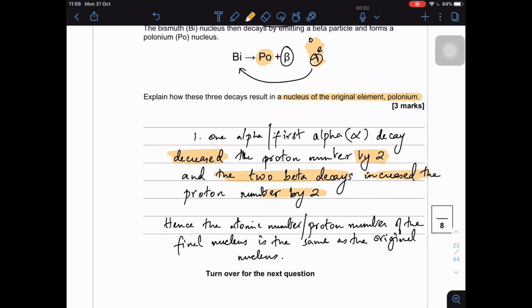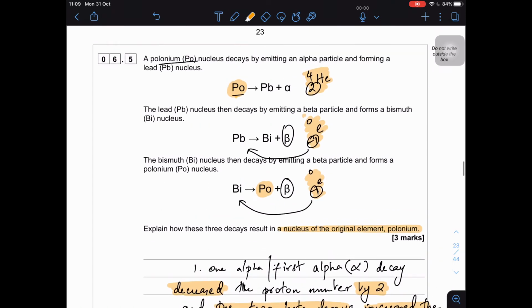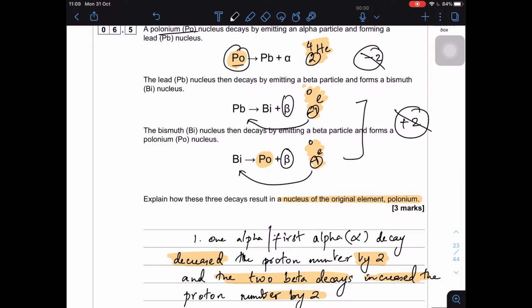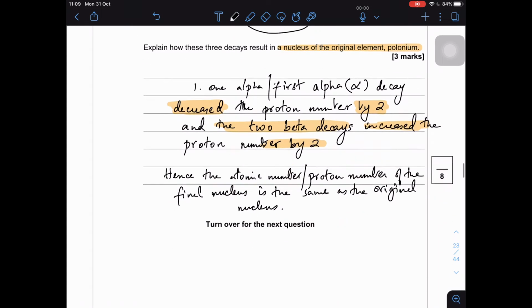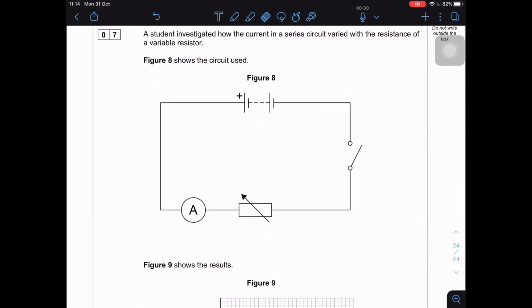So the first one decreased by 2, and these two increased by 2. So these two will cancel out. That means we are starting and ending the same. That's what it means.